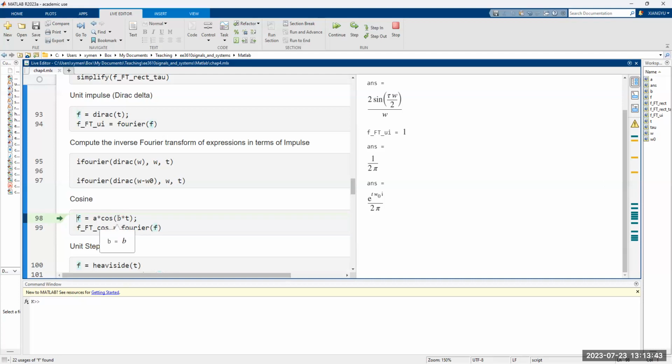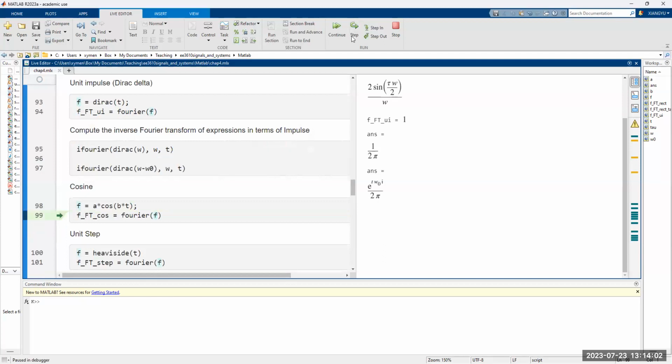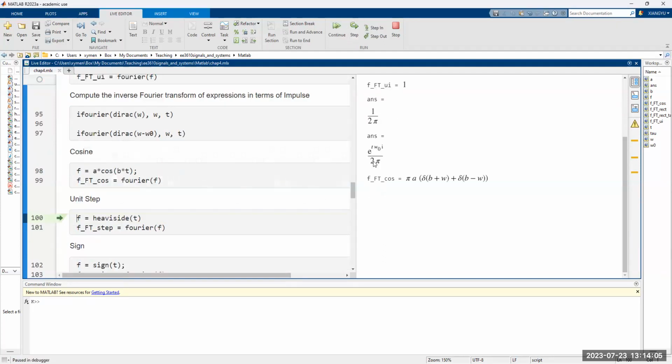Now let's calculate the Fourier transform of the cosine function. This is an even more general form than the one we had, cosine bt. Now we have a times cosine b times t. Its Fourier transform is pi a times delta(b plus omega) plus delta(b minus omega).